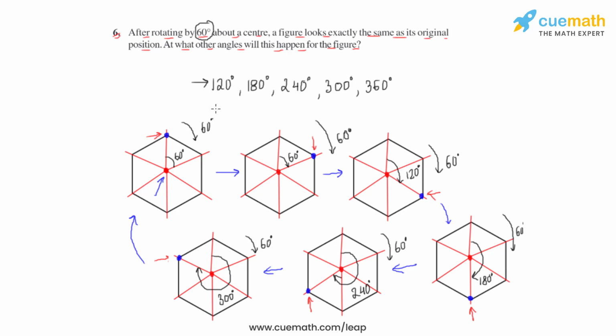So these are the different angles which will give us the same figure as the initial figure. And this is how we are going to answer question number 6.